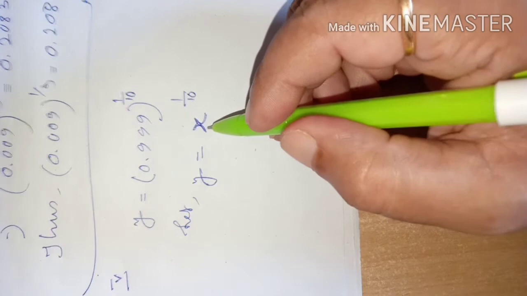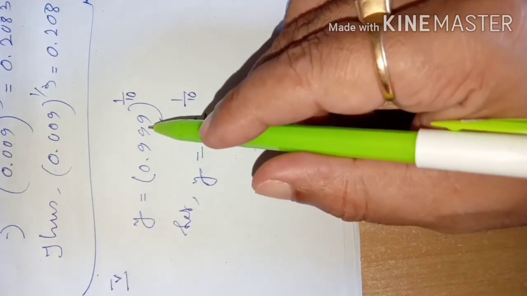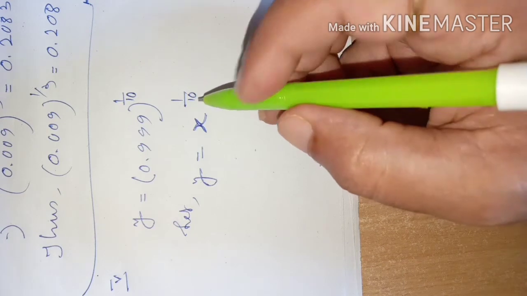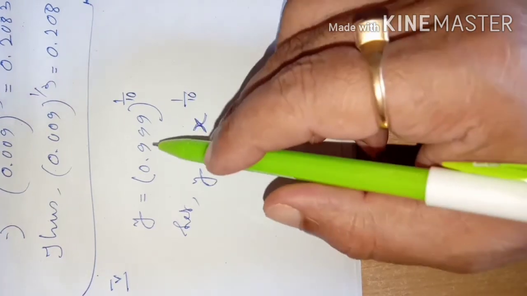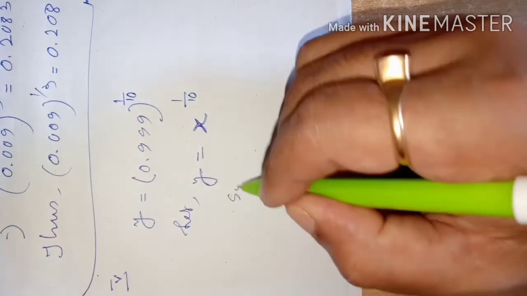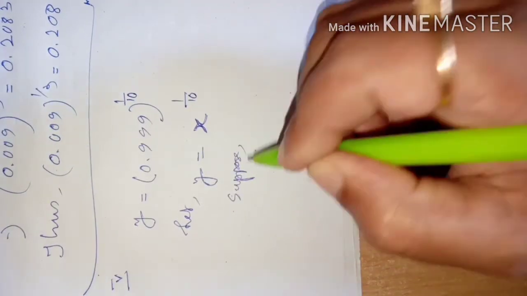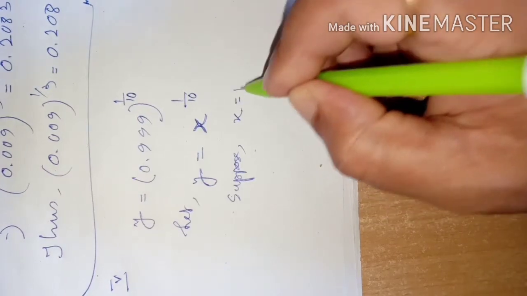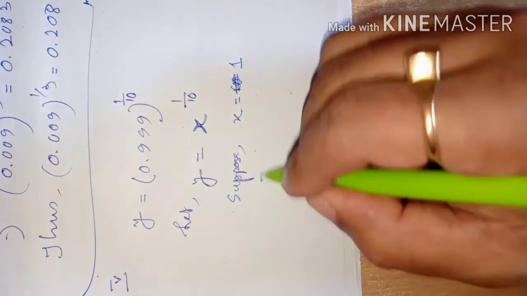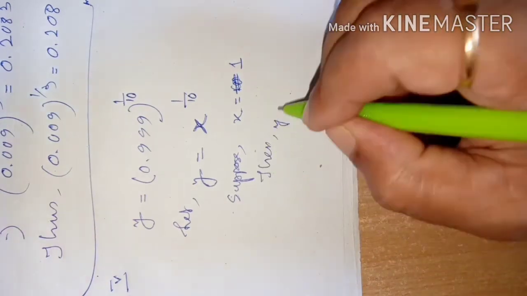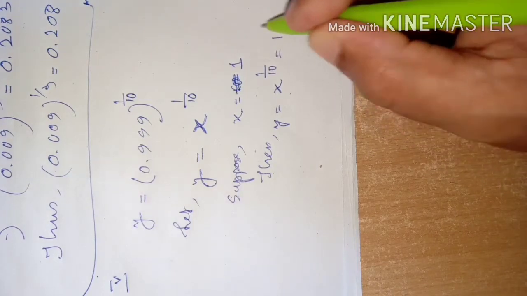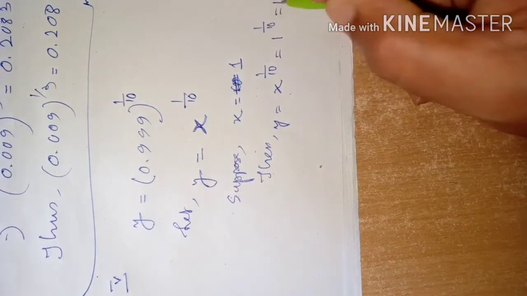Now think of a number which is very close to 0.999, whose 10th root can easily be said, which is 1. Suppose x is equal to 1. Then y is equal to x to the power of 1 by 10, that means 1 to the power of 1 by 10, which is again 1 only.